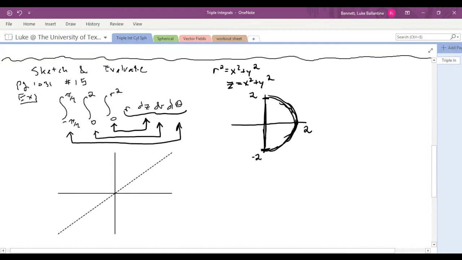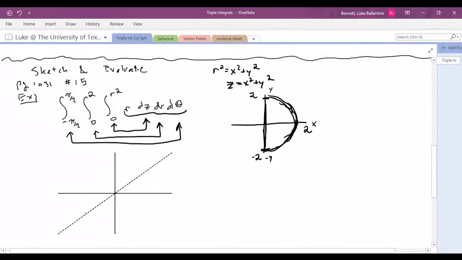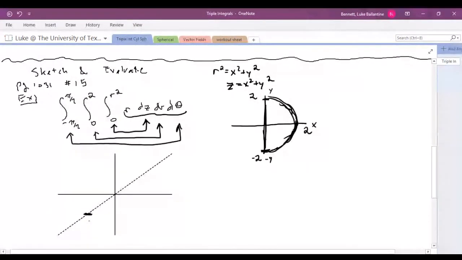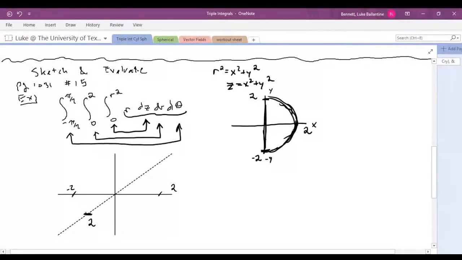So that would go from our negative y to our positive y through positive x. Here is the point 2, 0. Here's the point 0, negative 2. Here's the point 0, 2. And then this is the region I just drew, just in R3 now.